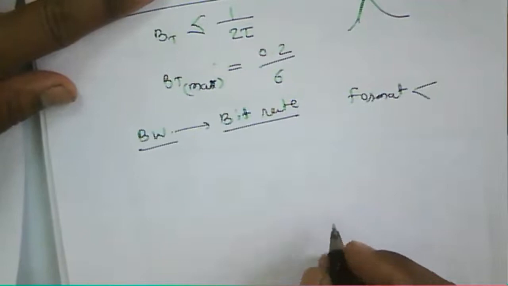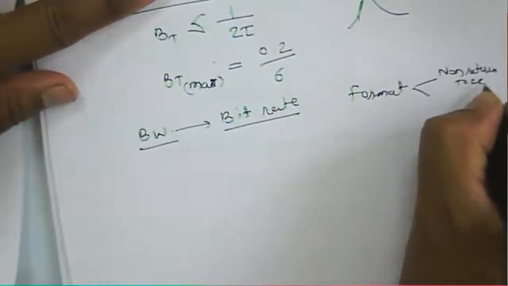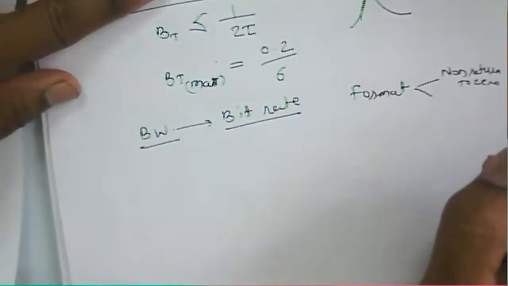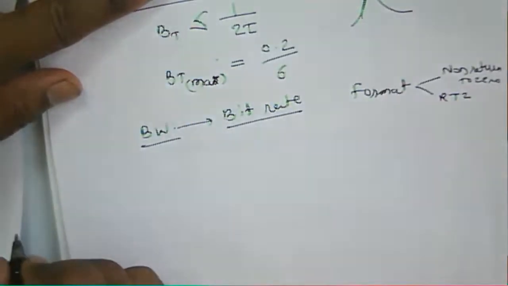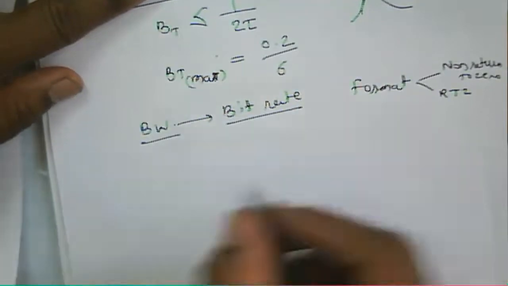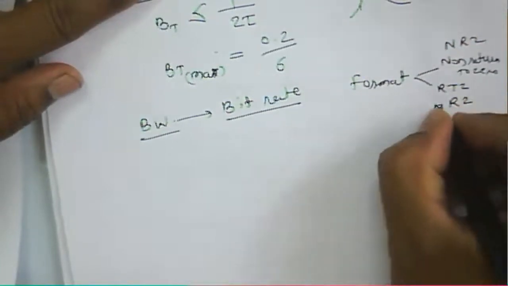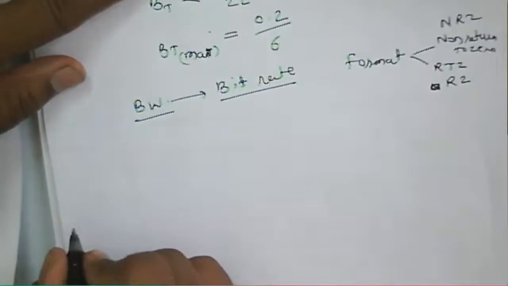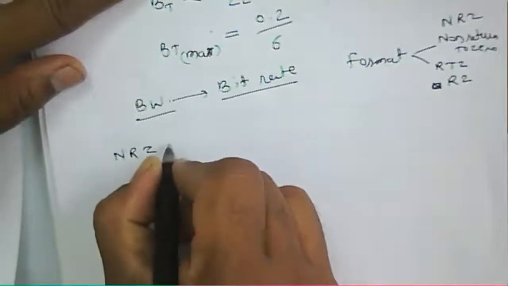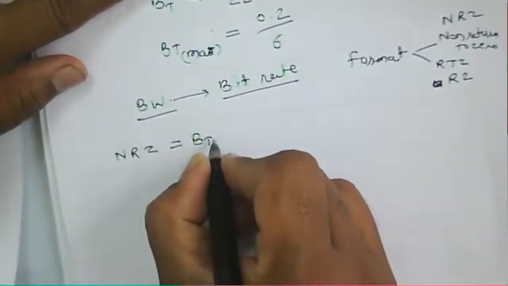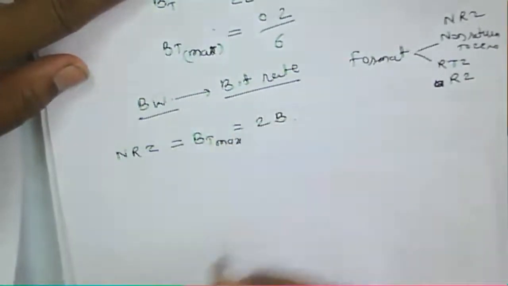Suppose we are using a non-return to zero format, or a return to zero format, NRZ or RZ. For that, the bandwidth is equal to, whatever the bit rate is, it will offer a maximum of 1, so it will be 2B here.